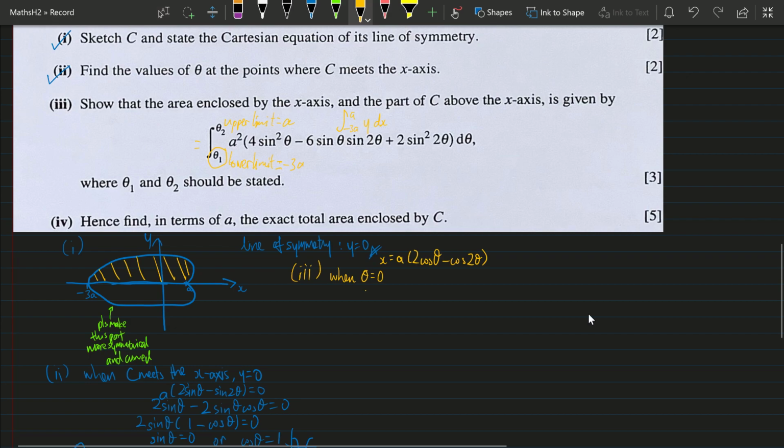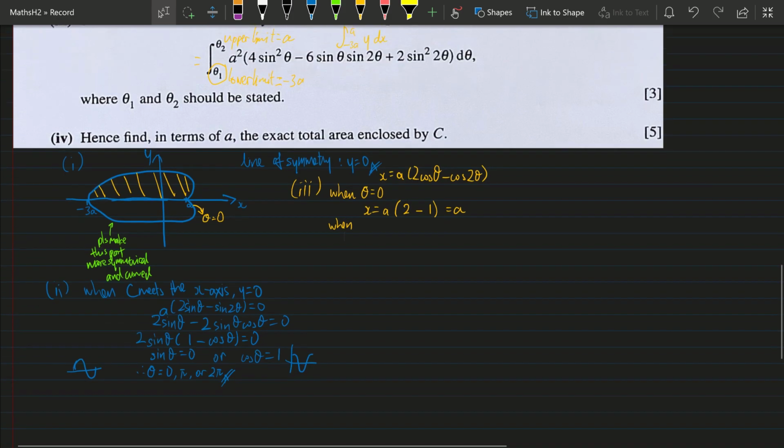So x will be equal to a multiplied by 2 cos 0, which is 1, subtract cos 0, 1, equals a. So at this point here, theta equals 0. So far, so good. So we just need to check these other special points, pi and 2 pi.